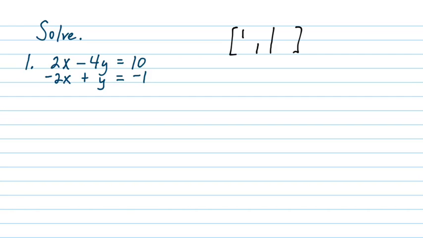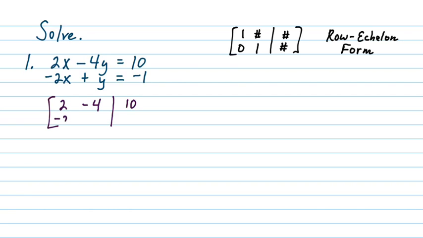It's where we have ones on the main diagonal, 0 below that first one, and then numbers everywhere else. This is row echelon form, by the way. So there's the corresponding augmented matrix, and we want to get it into this form here.